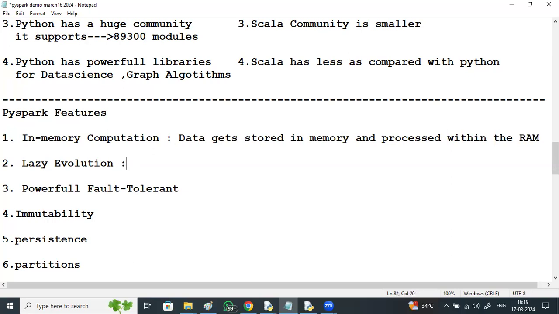What do we mean by lazy evaluation? Executing the data flow on demand. Until then it won't execute automatically.